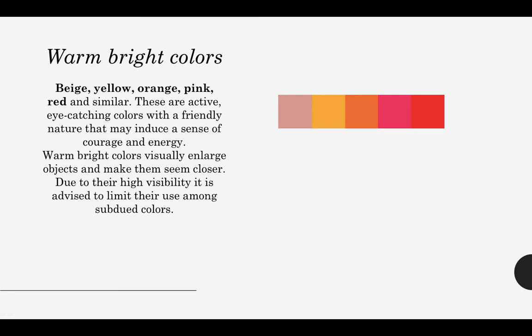These give a sense of courage and energy. They could enlarge objects and make them seem closer. But because they are bright, you do want to limit how much you use them. Otherwise, it could be overpowering, especially those pinks and reds.